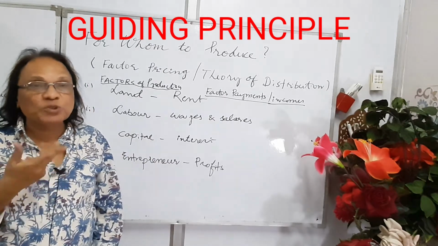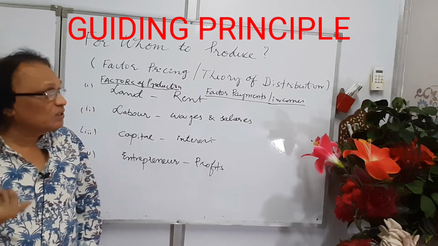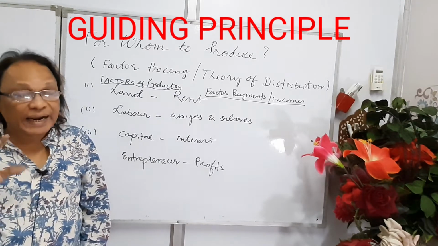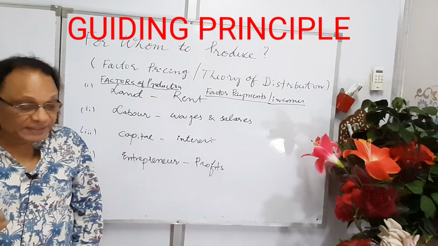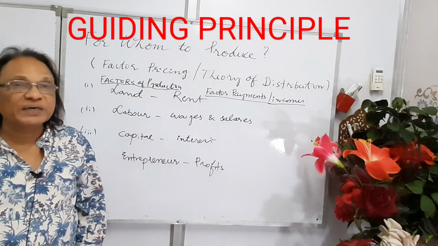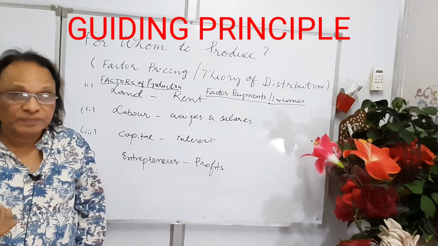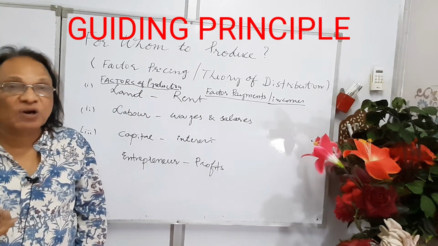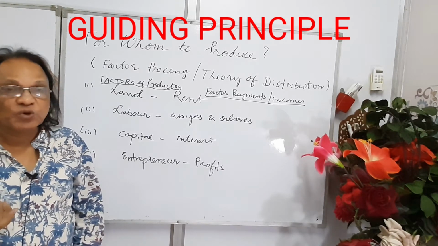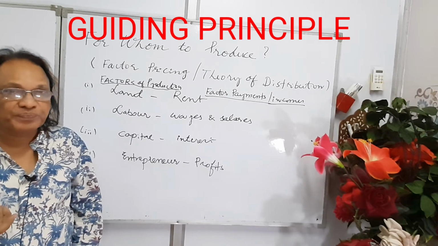So it has to be properly distributed among the four factors of production. That's why it's called theory of distribution or factor pricing. So the guiding principle for the economy is that we should distribute the national income in such a way that important and urgent wants of the people should be satisfied. That means we should not try to exploit the labor. So it should be properly distributed among the four factors of production.